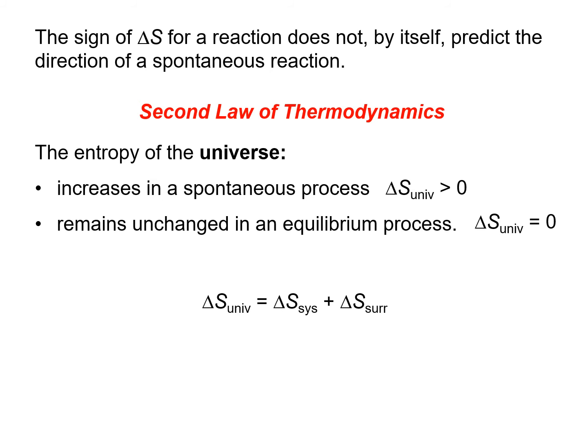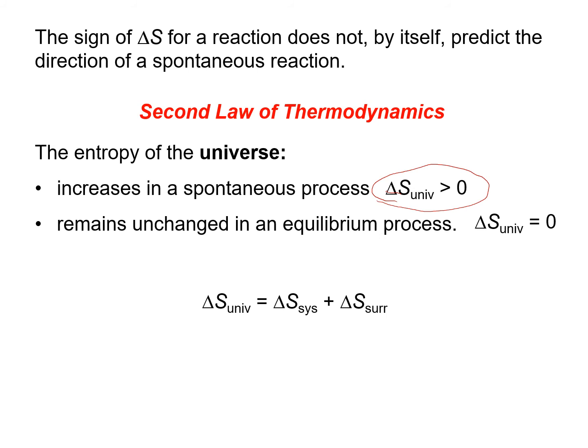That's when we can say that our reaction is spontaneous, which is quite difficult to do because if a chemical reaction is happening, usually we can only talk about or measure the difference in the entropy of the system, right? Which we just saw how to calculate. But it's very difficult to calculate the entropy of the surroundings. So we'll talk about how we can use this information, that the entropy of the universe has to be greater than 0, to figure out a way to predict spontaneity of a reaction.